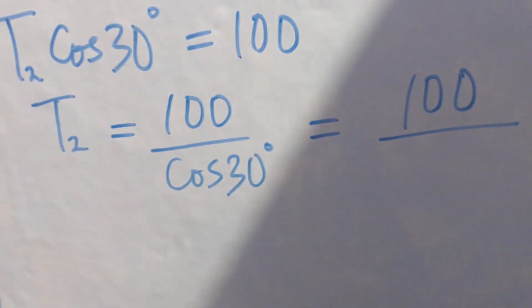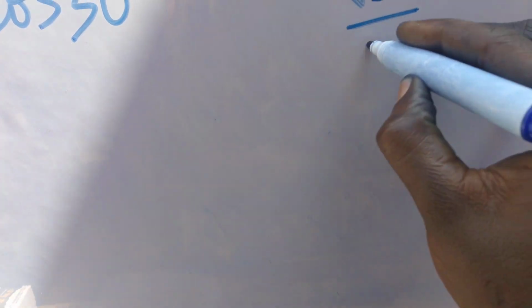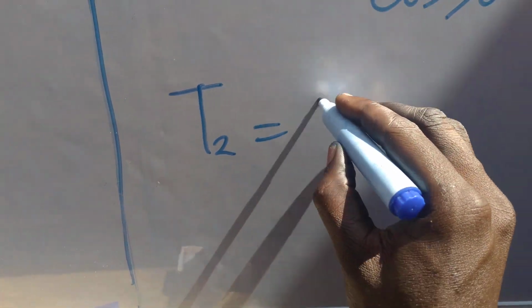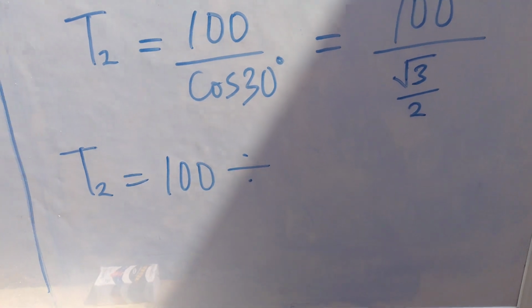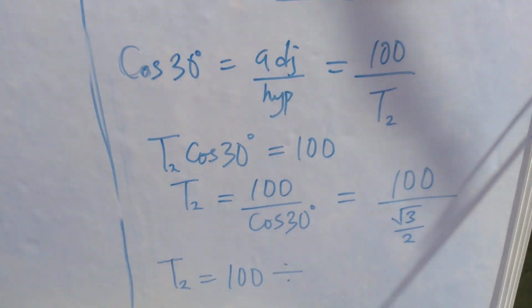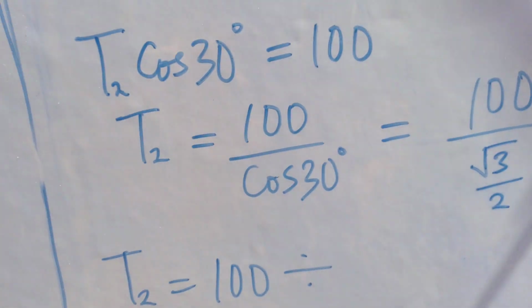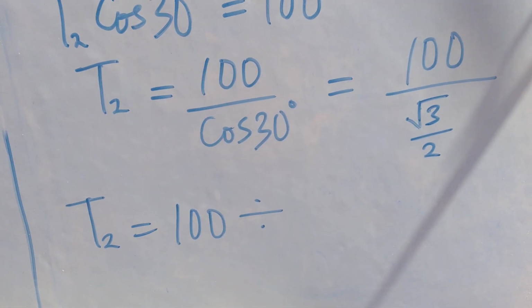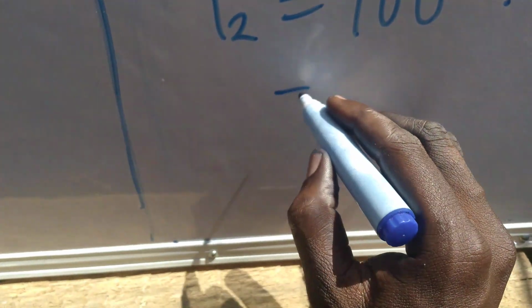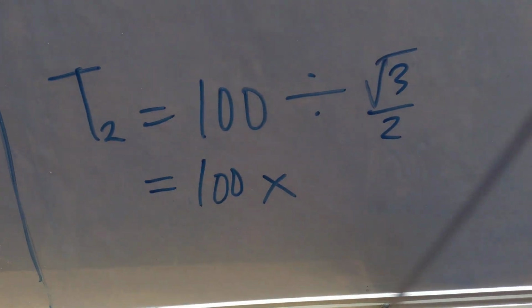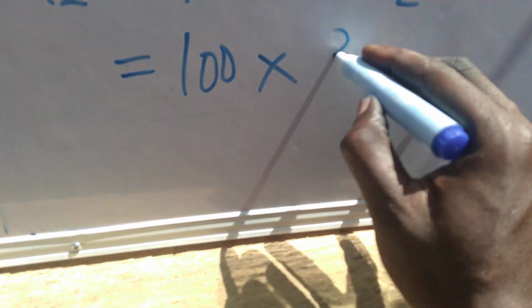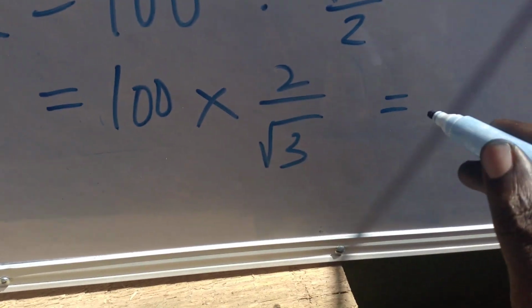So T2 will be equal to 100 divided by root 3 over 2, which will give you 100 times 2 over root 3, since the 2 goes up and the root 3 comes down.